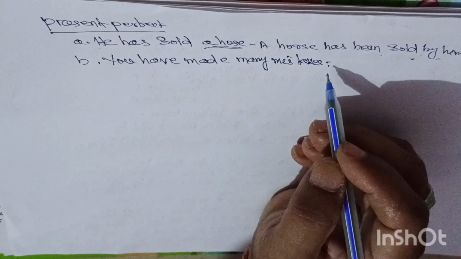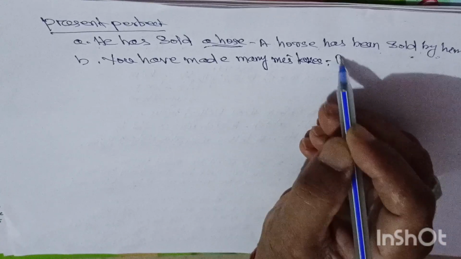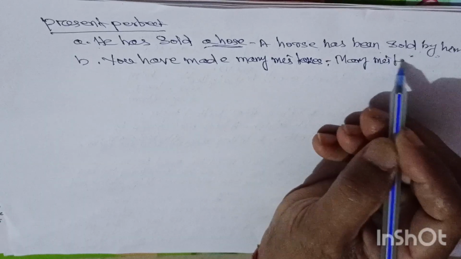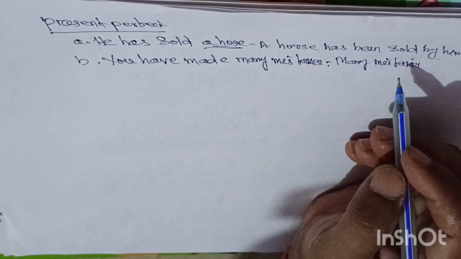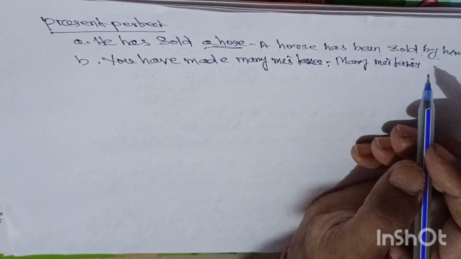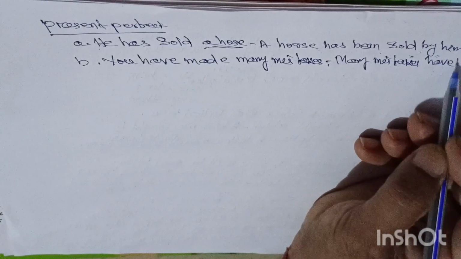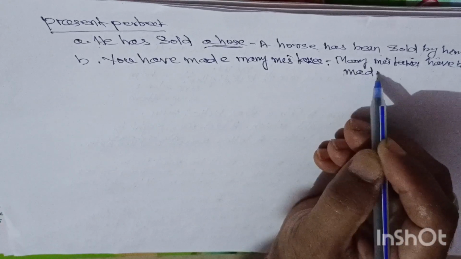Then you watch what tense and what form, and then what the rules are. Here the object is "many mistakes", so you put it first. Then the auxiliary verb is "has been" or "have been", so "have been" is used. Then "made by you".